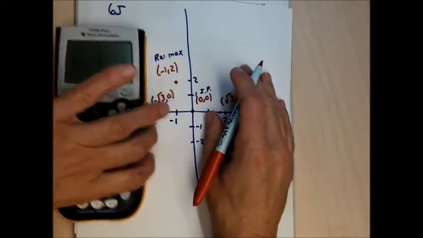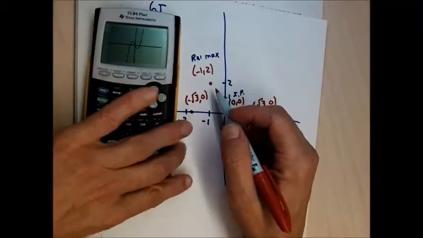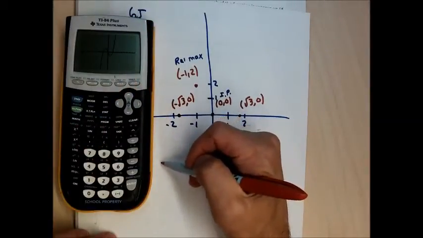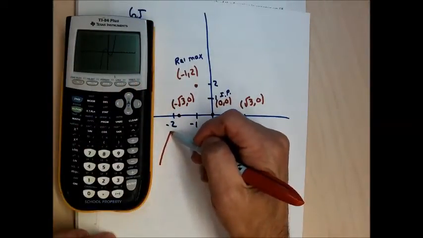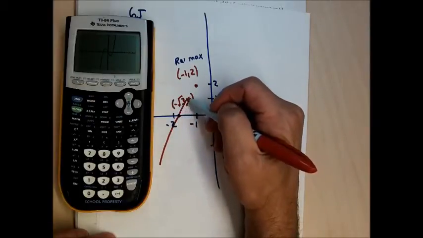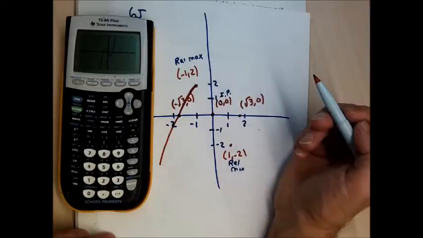So the graph between the beginning of the graph, which is negative infinity, up to it goes through the x-intercept where it's increasing and concave down. It continues going up, up, up. It's concave down and increasing all the way to the relative maximum.